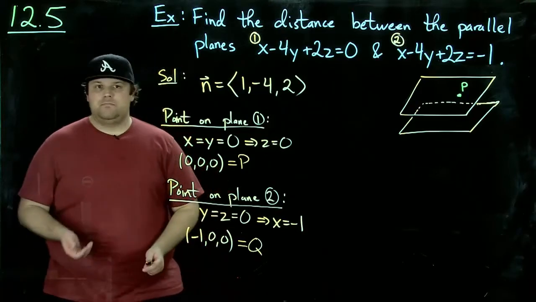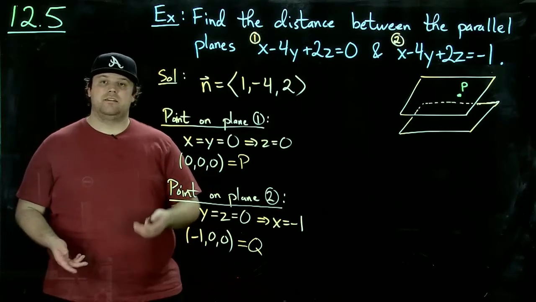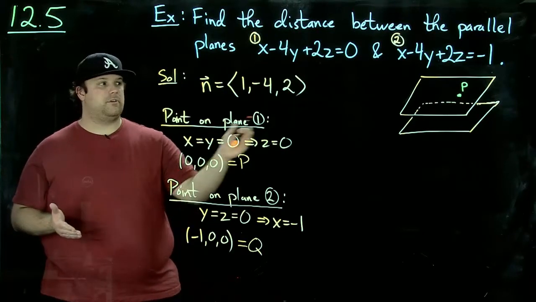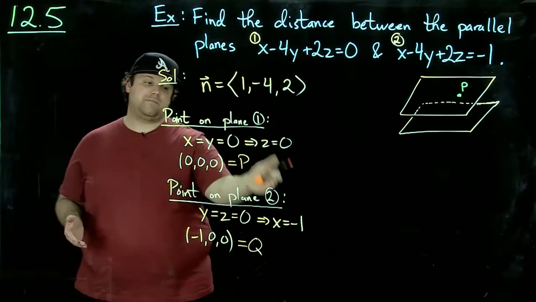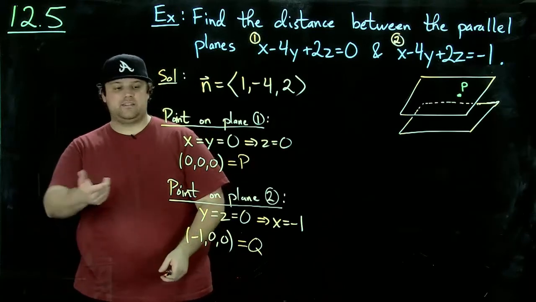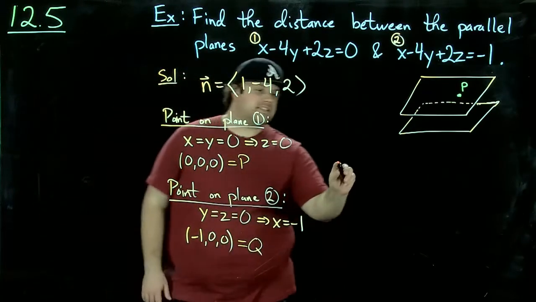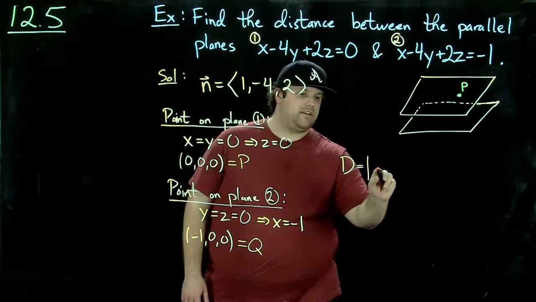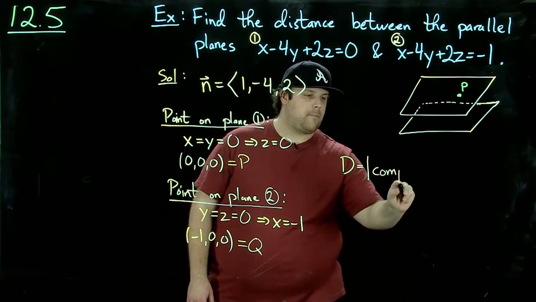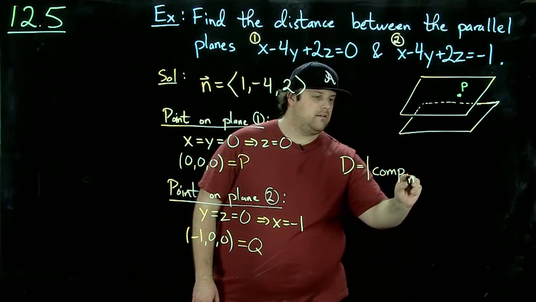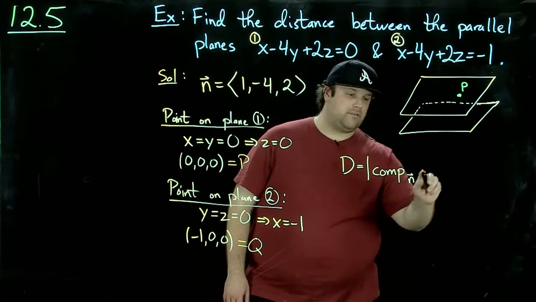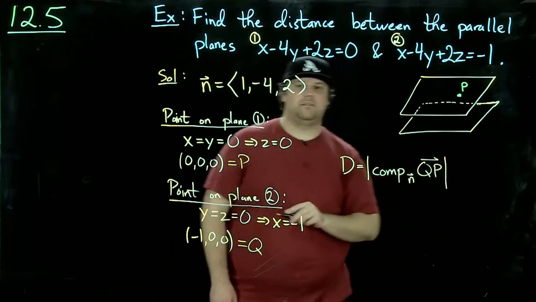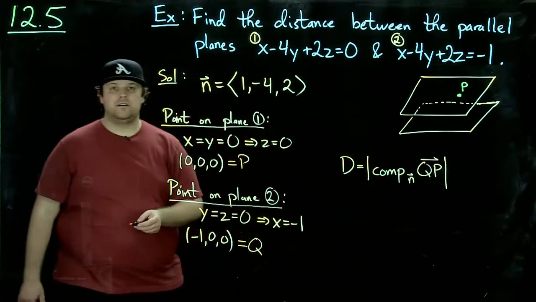All right, so you might remember then, hopefully you do, that the distance between the plane, whichever one we choose, and the point that's on the other plane is given by d equals the absolute value of the component of QP in the direction of n, right?